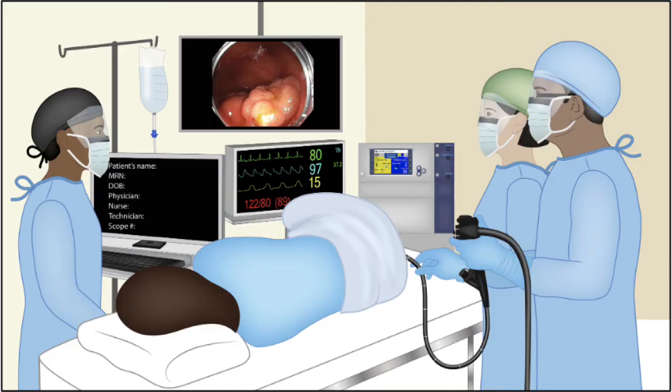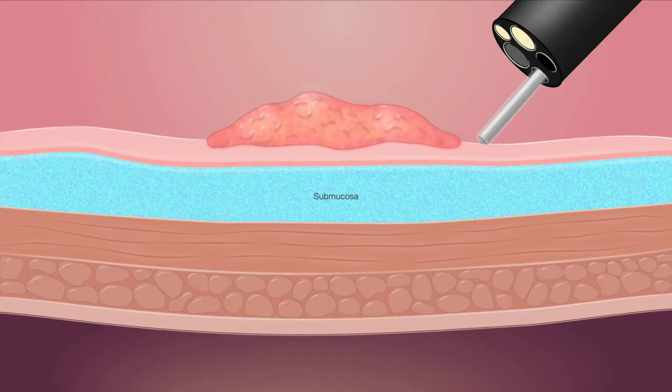So here is a case. Here we see a polyp, a flat polyp, and we want to inject and lift it above the muscle. You've already primed your injection catheter. You have pulled the needle back into the sheath and given it to your endoscopist.